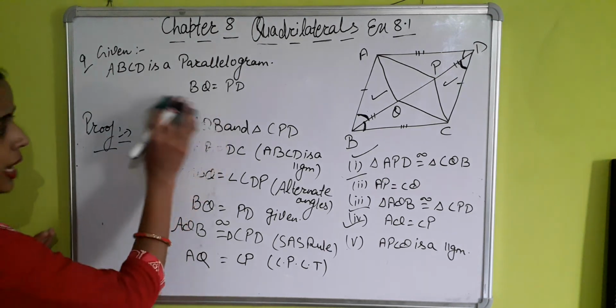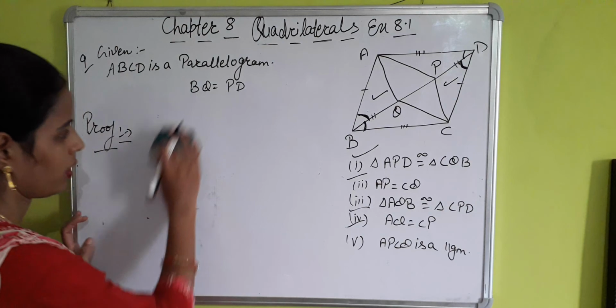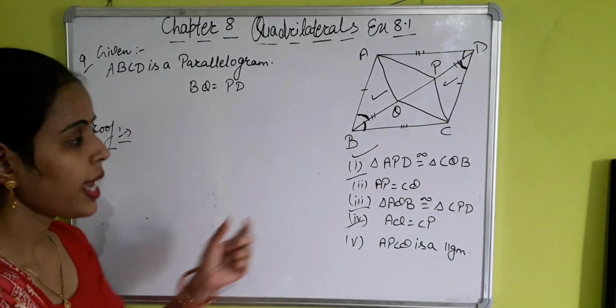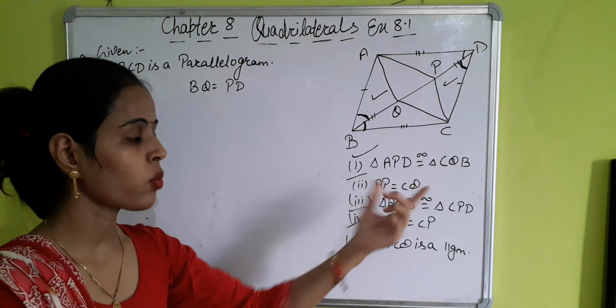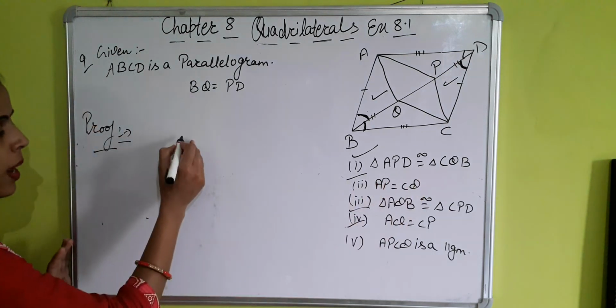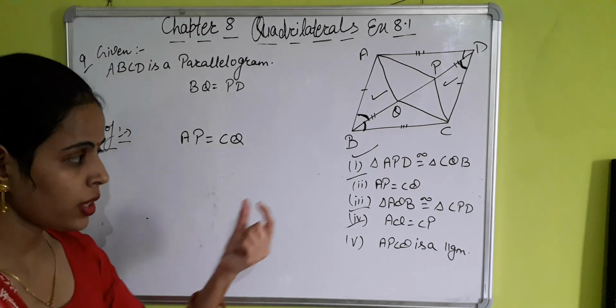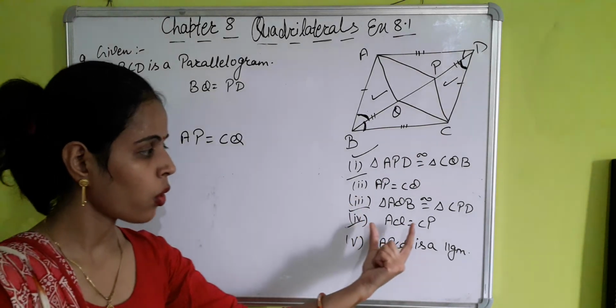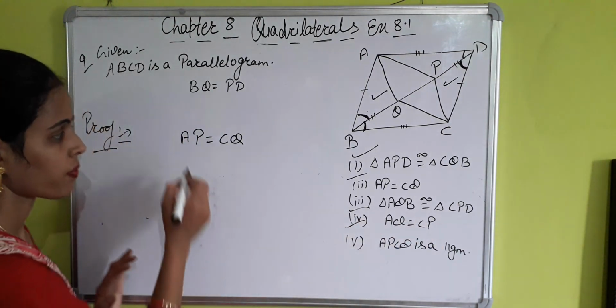Now fifth part, APCQ is a parallelogram. With the help of first part, we have already proved AP equals to CQ in second part. And with the help of third part, we have already proved fourth part, AQ equals to CP.